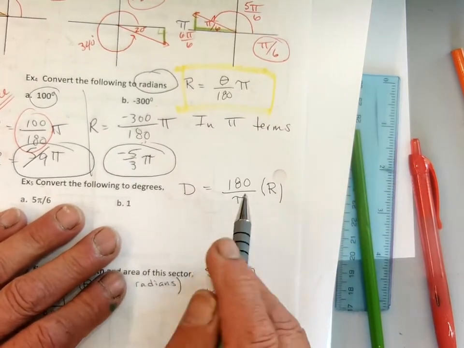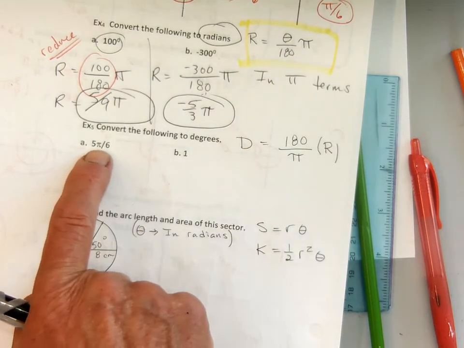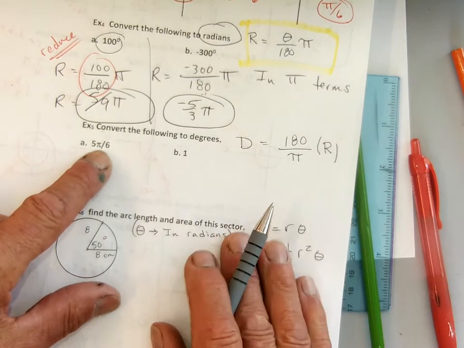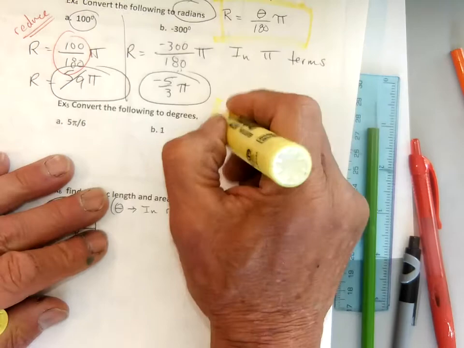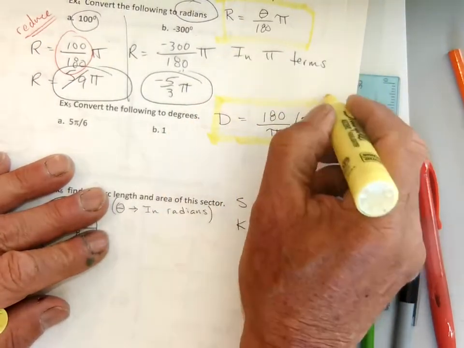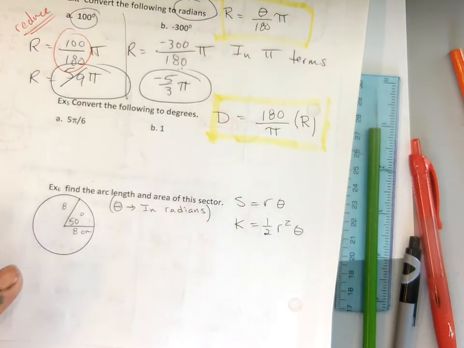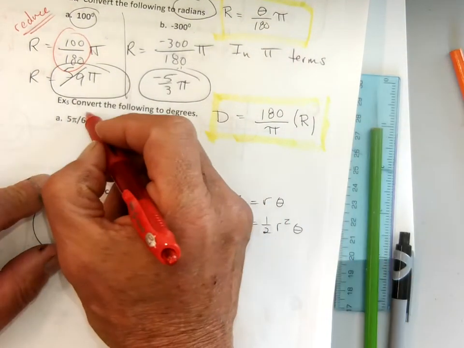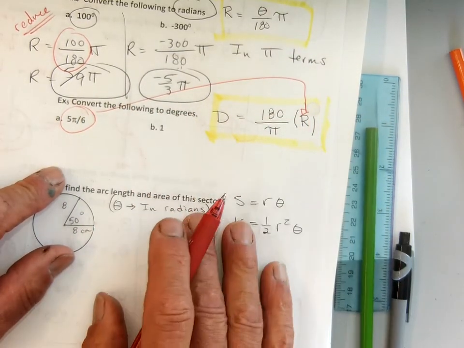Okay, and now, going to B. We should be able to go the other way. 5 pi/6 is a radian. It should have a degree equivalent, right? So it also has a formula, and since it has a formula, we could just plug it in. I'm going to take my 5 pi/6 and put it right there.